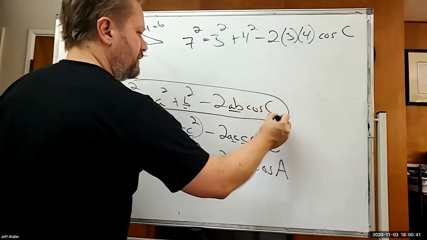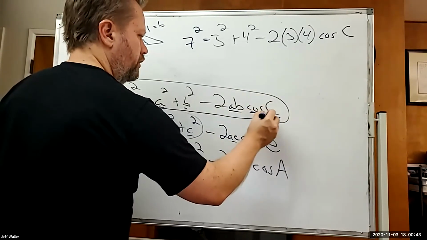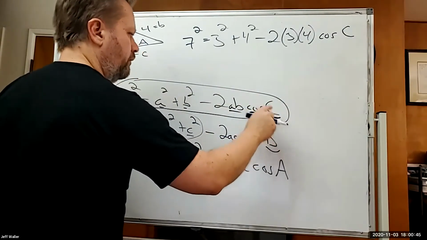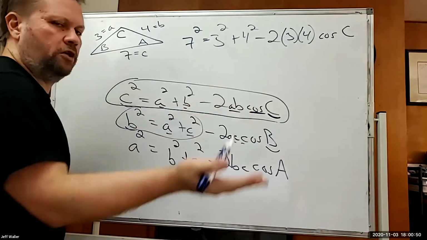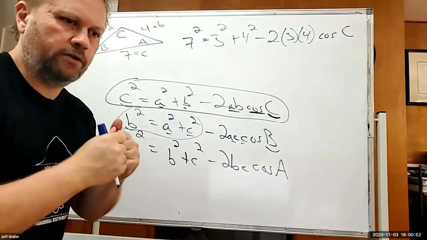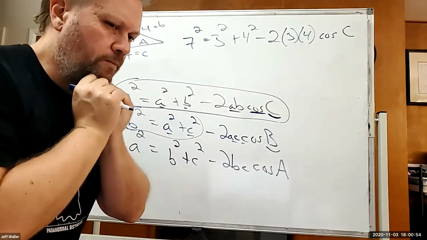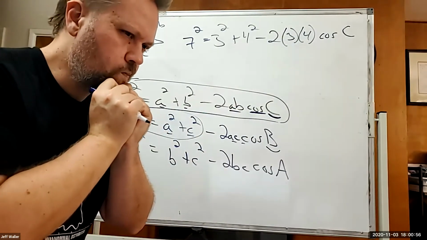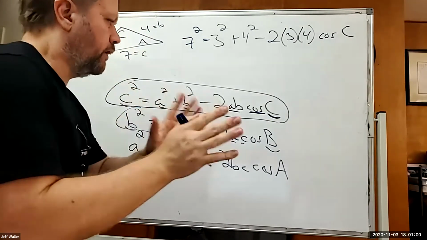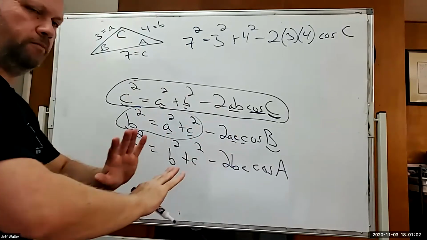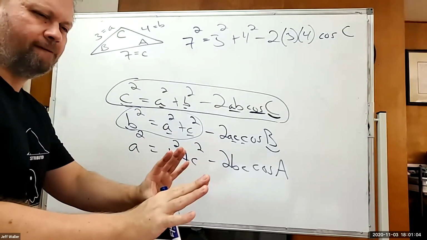And if it's inside a trig function, it really does have to be an angle. If it's not inside a trig function, it could be an angle, but lowercase letters are understood to represent sides. Is everybody with me on that so far? Okay.